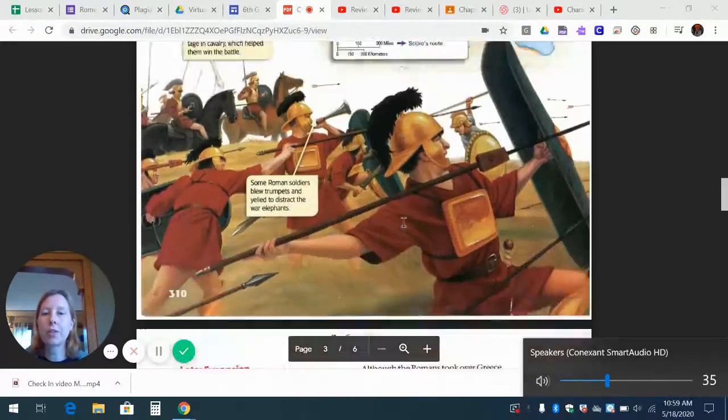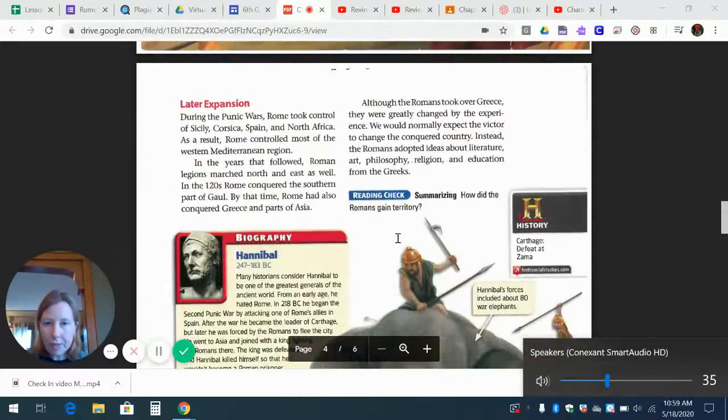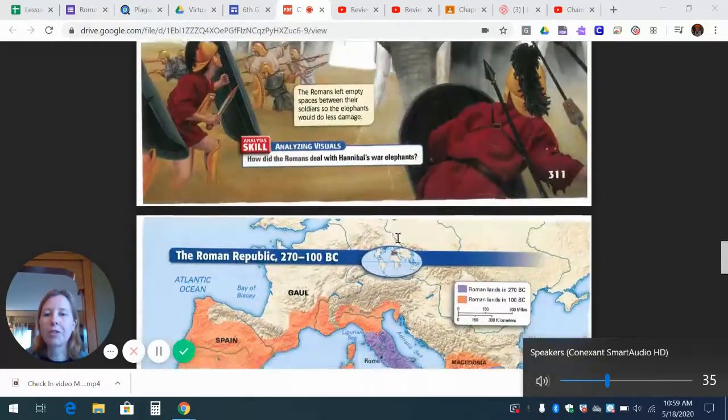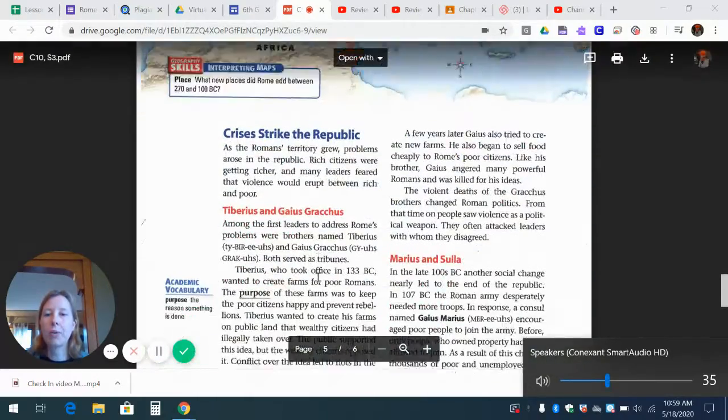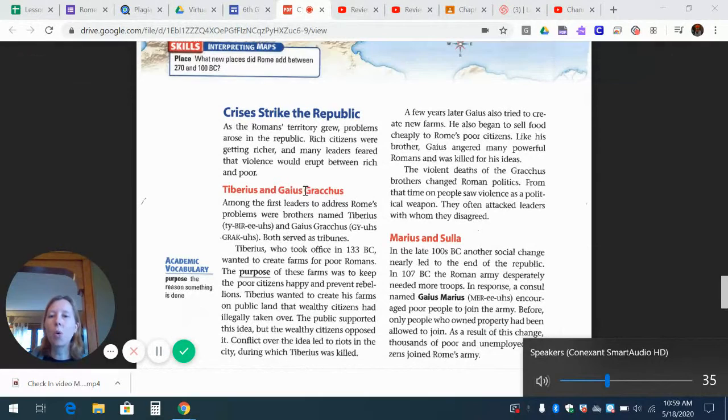Another crisis that the Republic faced was the fact that there was a big divide between rich and poor. So there's this problem that rich citizens were getting richer, and they were afraid that violence was going to erupt and that poor people were going to overthrow and start a new government and maybe replace the Republic with something else.